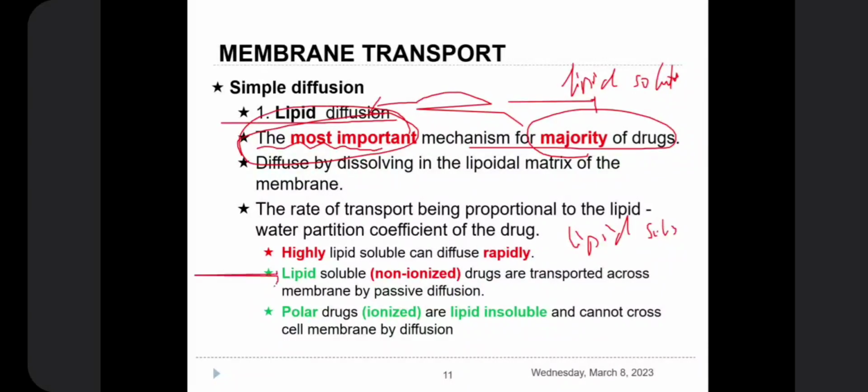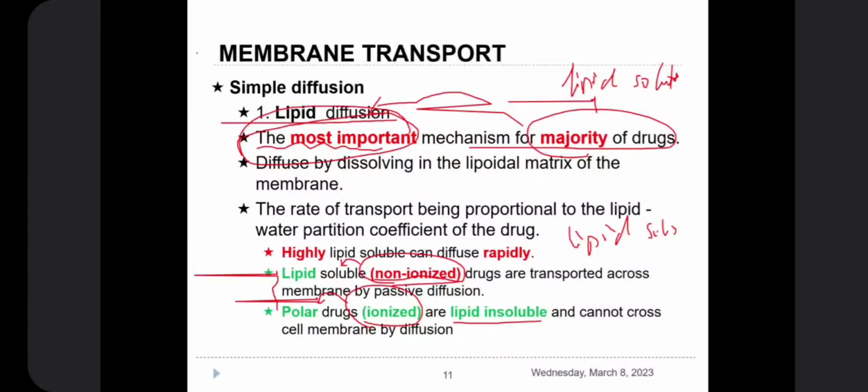Next is polarity. If a drug is non-ionized, it becomes more lipid soluble, so it crosses the membrane more rapidly. If the drug is in a more ionized form, it becomes more polar, which makes the diffusion harder.